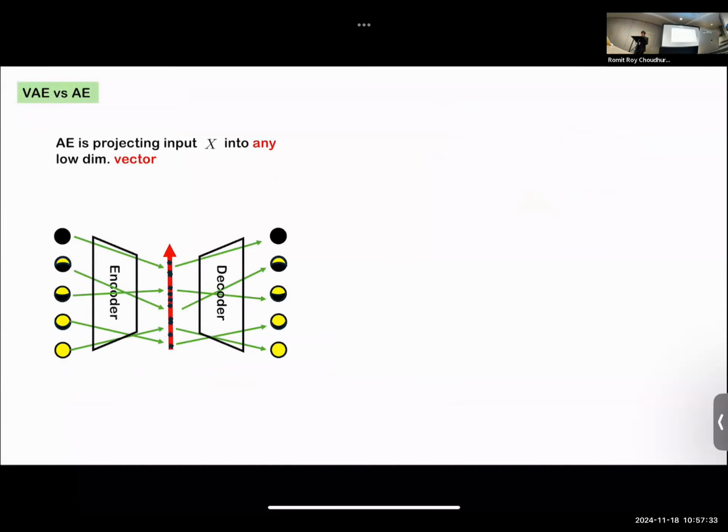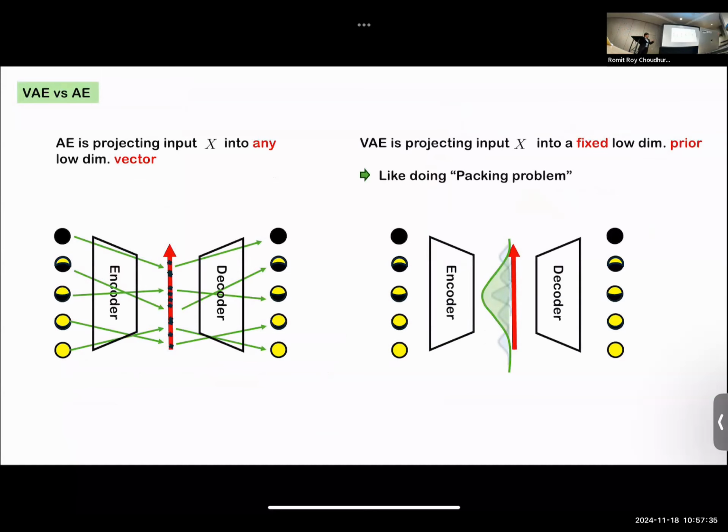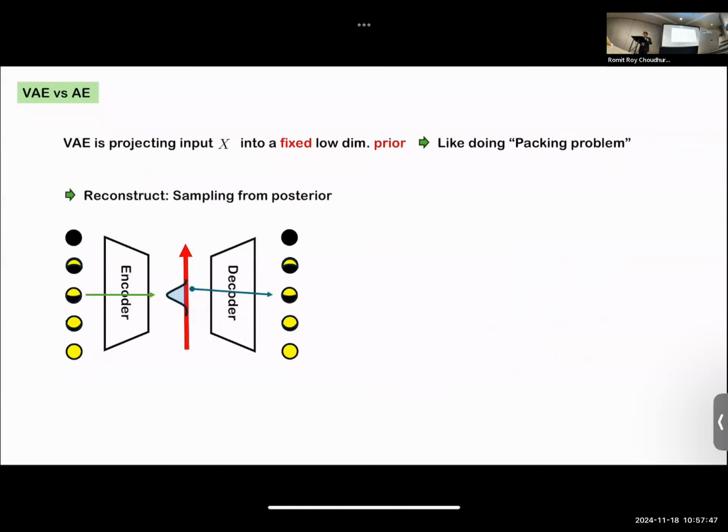Okay, so I think I will skip these things, but just a quick overview. Autoencoder is going to do arbitrary mapping, while VAE is going to give you a semantically continuous, overlapping latent space. And this is training, right? So we encode into a small distribution, we sample from that, we decode.